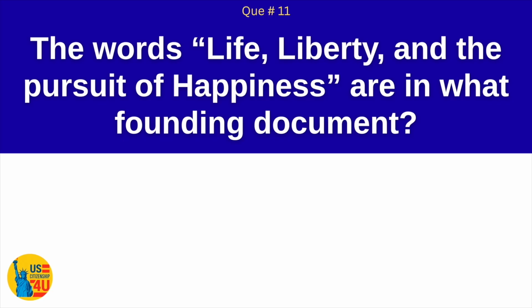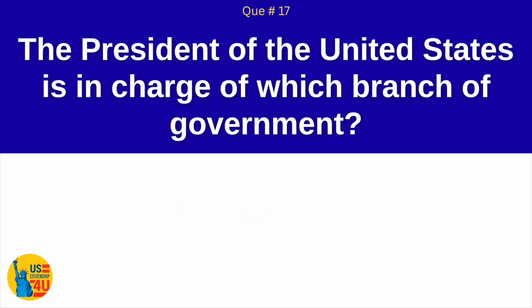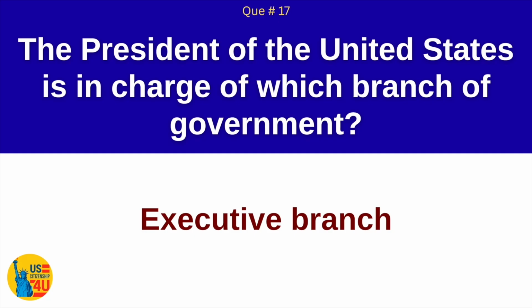The words life, liberty, and the pursuit of happiness are in what founding document? Declaration of Independence. The President of the United States is in charge of which branch of government? Executive branch.